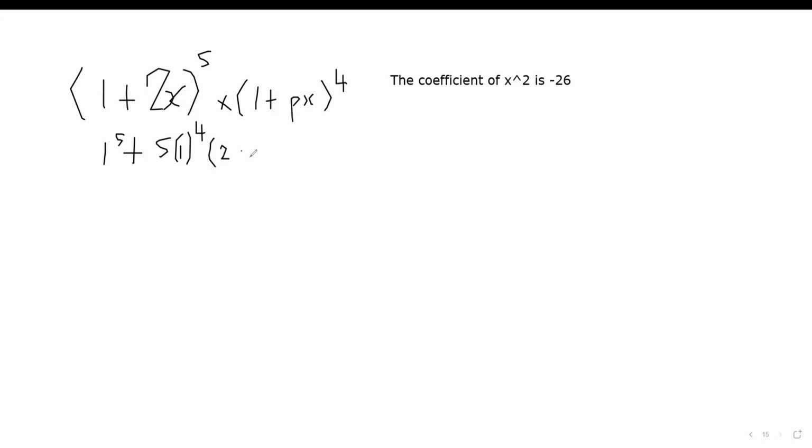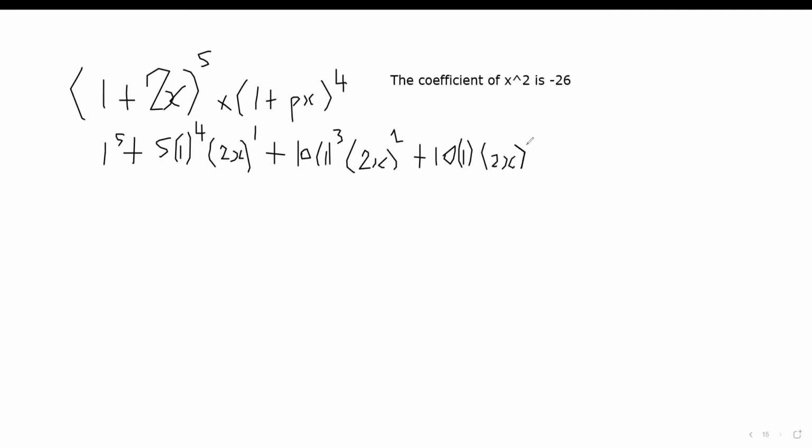We did this in complex numbers, how to expand a plus b to the fifth using Pascal's triangle. It's 1, 5, 10. Then 10 times 1 cubed, multiplied by 2x squared. Then plus another 10, times 1 squared, times 2x cubed.